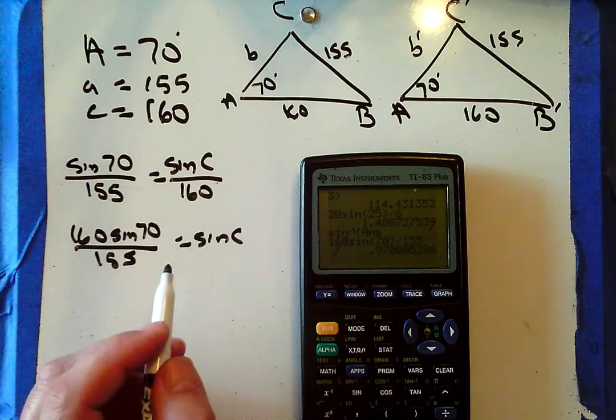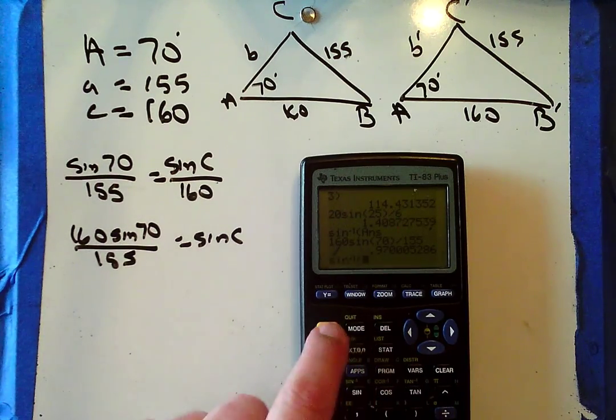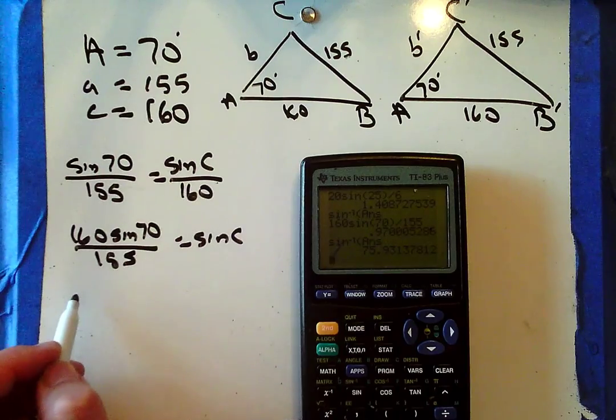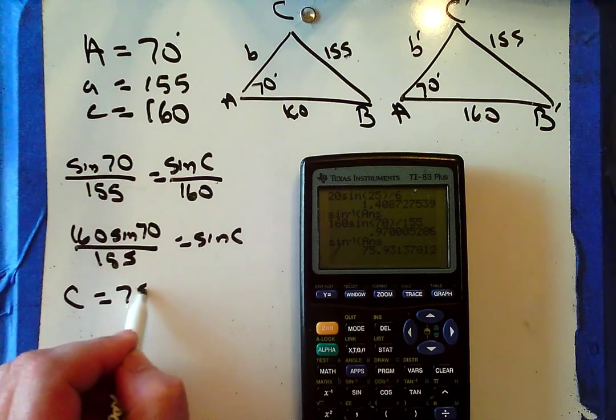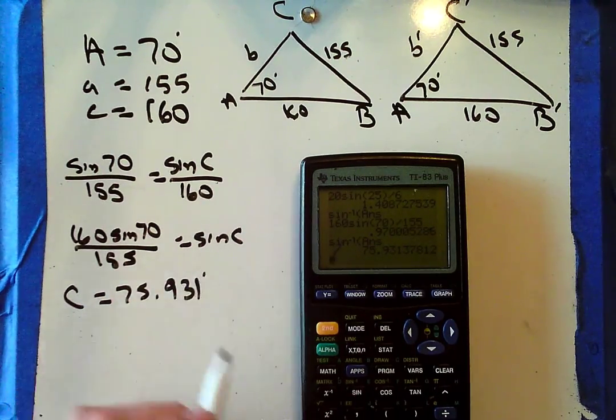If I do the inverse sine of that, I get that big C should be 75.931 degrees.